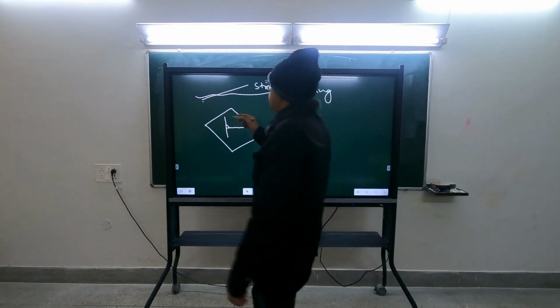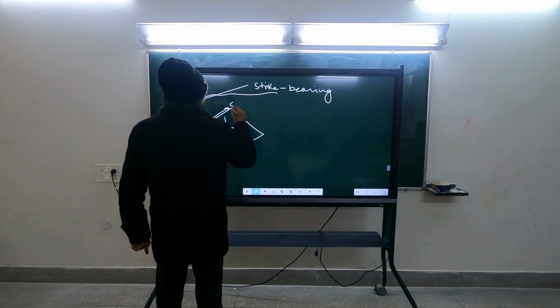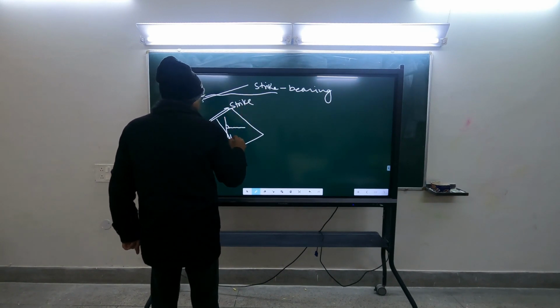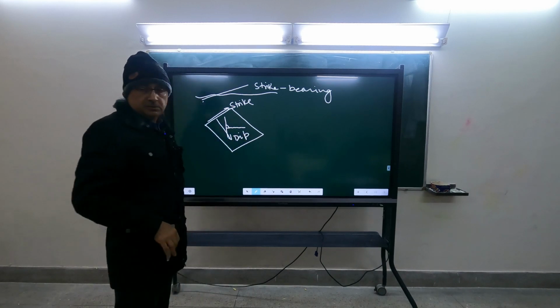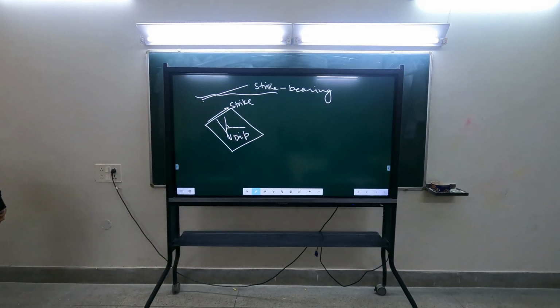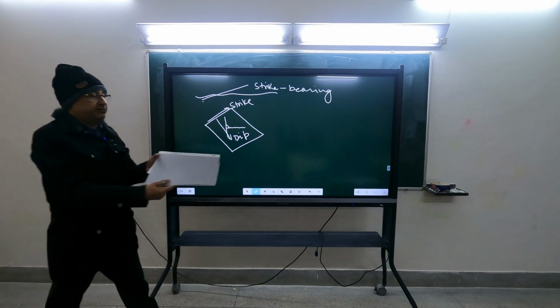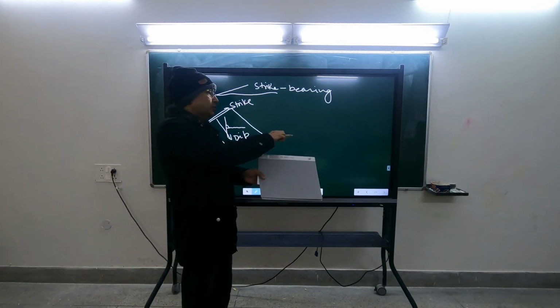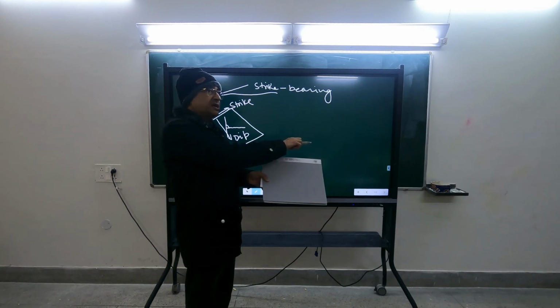So this direction is the strike, and this direction is the dip. You can think of it like this. If I have the fault like this, this is the orientation. This orientation with respect to north gives me the strike, and this angle gives me the dip.